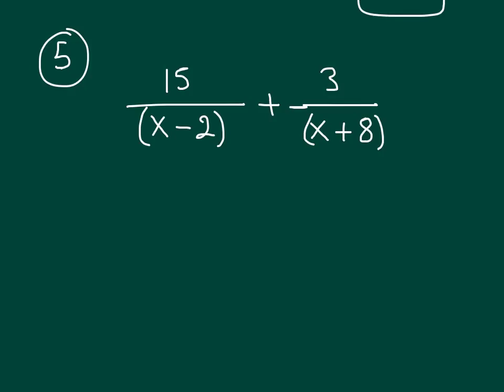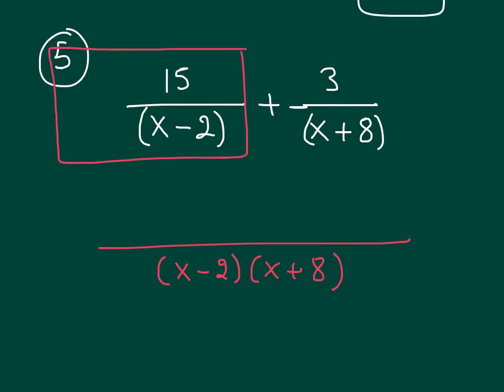Look for the common denominator or the least common multiple of the two. The least common multiple of the two is going to be the product of the two, x minus 2 times x plus 8. Now, what are you going to multiply top and bottom here by? So you have the common denominator. And as you can see, it's going to be x plus 8 on the top, x plus 8 on the bottom. And this denominator is a common denominator.